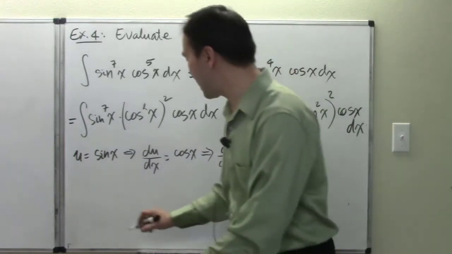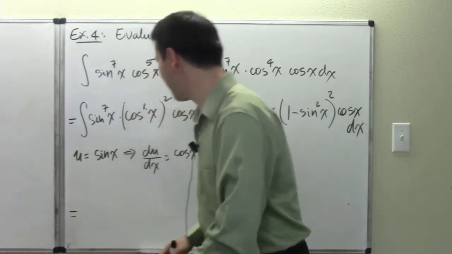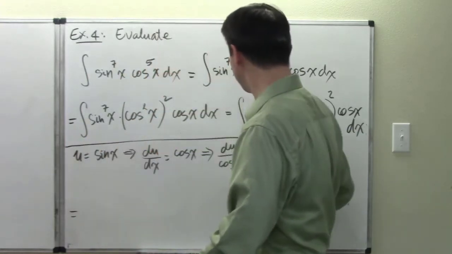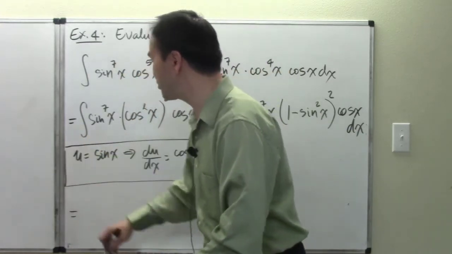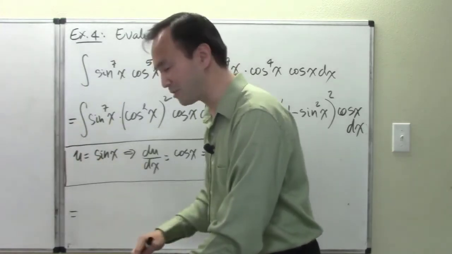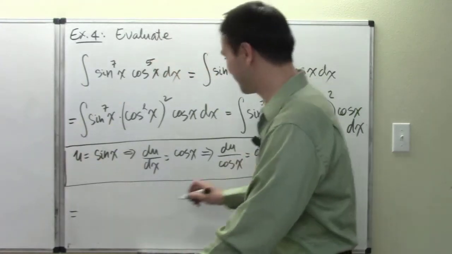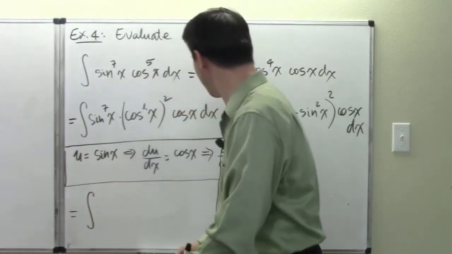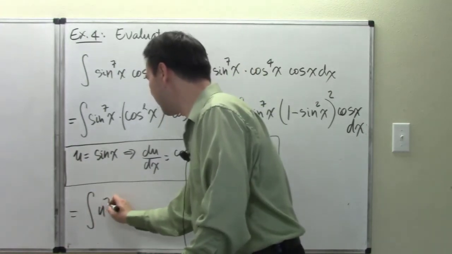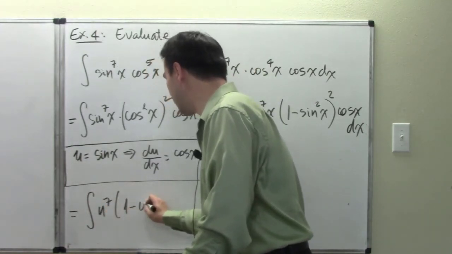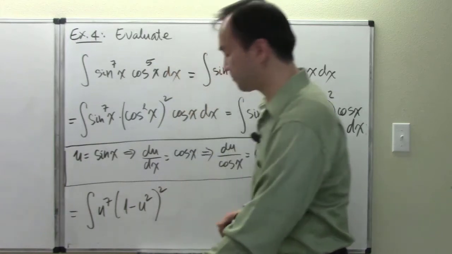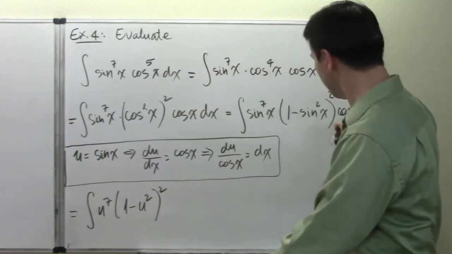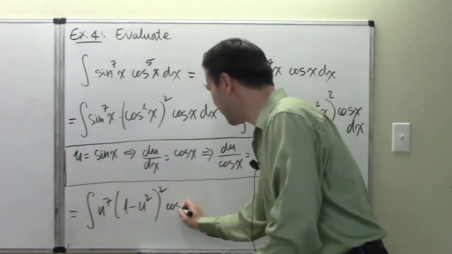So that means our integral will become, okay, so this is just some sort of marginal step right there, a step that we put on the margin of the paper. And then the integral as a continuation becomes u to the 7 times 1 minus u squared and squared again. The cosine did not get a substitution, let's leave it there.